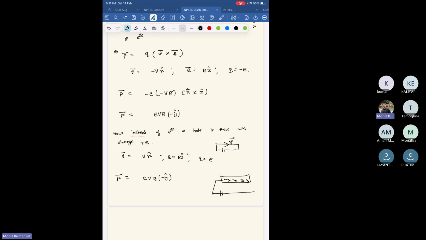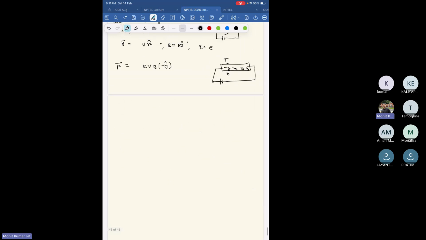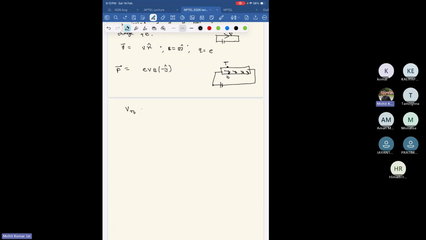and that's a good thing, because if now the electron is there, on the bottom the negative charge will accumulate, and if a hole is there, the positive charge will accumulate, and by reading the voltage VTB, that is the difference between T and B, one can tell whether the carriers are electron or hole.